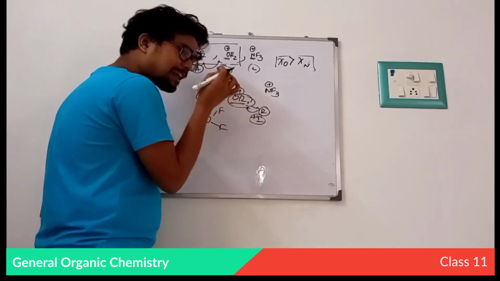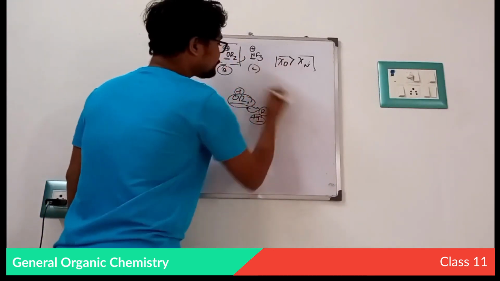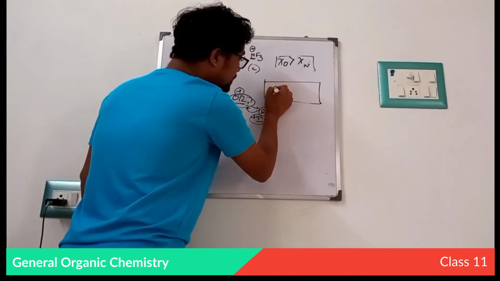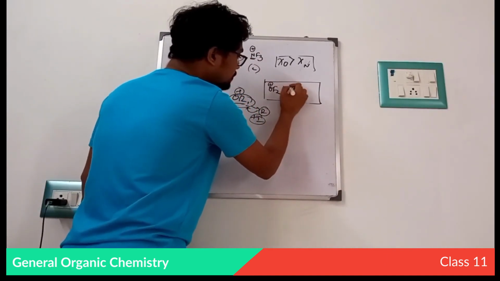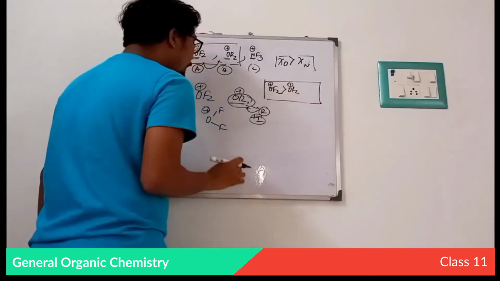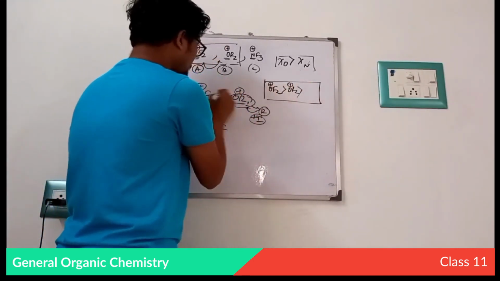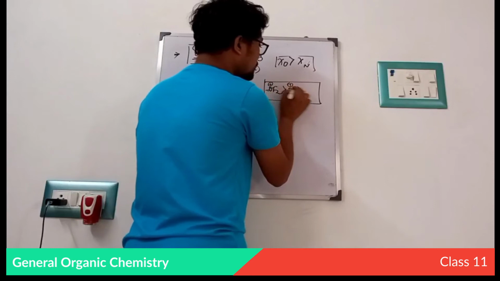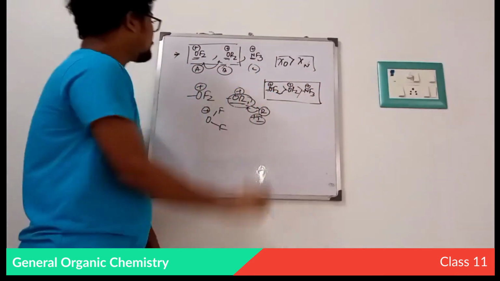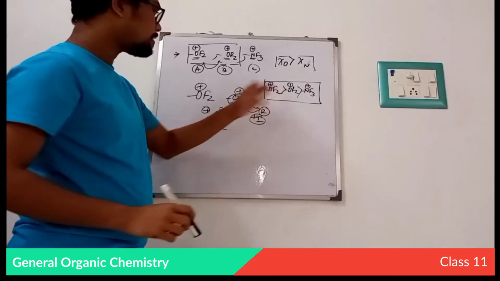So this is slightly more electron rich than the other one. So the order is OF2 plus greater than OR2 plus greater than NF3 plus. So this is our order.